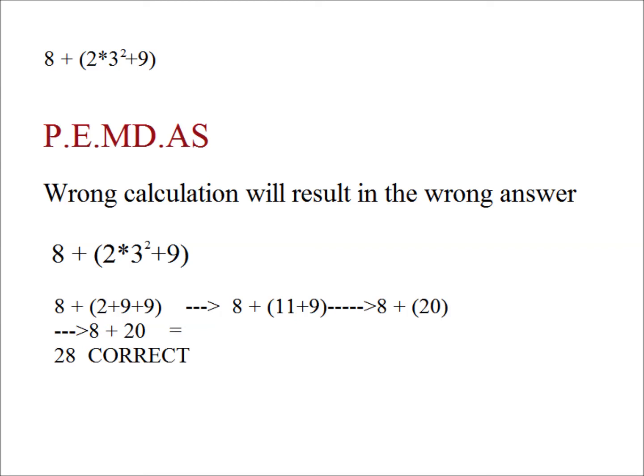Now if we begin to calculate, then we'll see the problem read as 8 plus parentheses 11 plus 9 end parentheses. And again, we're still calculating in parentheses, so our problem will read 8 plus parentheses 20. And again, if we reduce that even more, just taking away those parentheses, we'll have 8 plus 20 equals 28, and that is the correct answer.